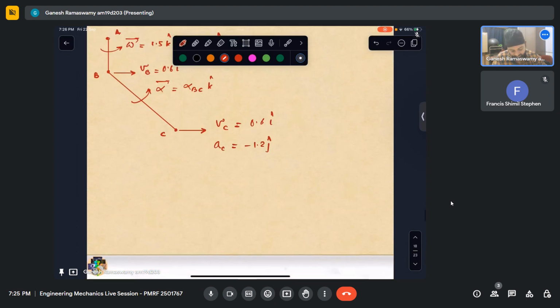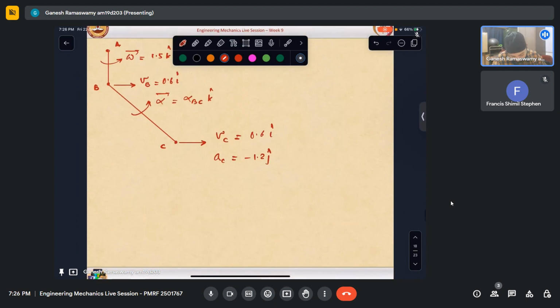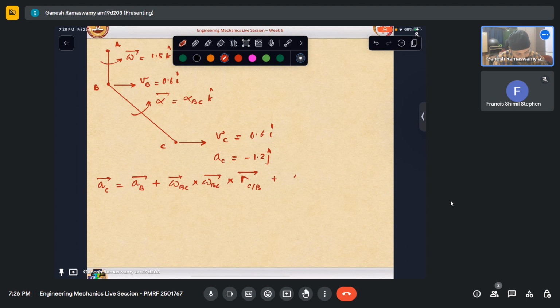Okay. So now we can see that acceleration of C is nothing but acceleration of B plus omega BC cross r of C with respect to B, plus alpha BC cross r of C with respect to B. Now clearly this is 0 since we have got omega BC to be 0, so I'll just omit it out of the equation.